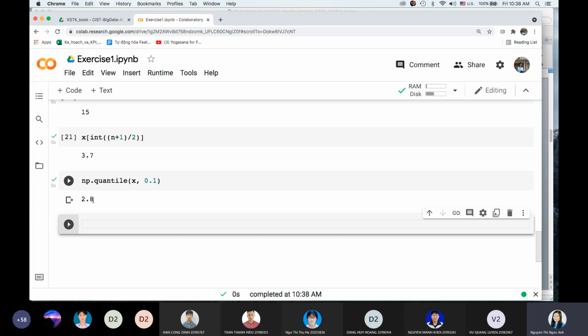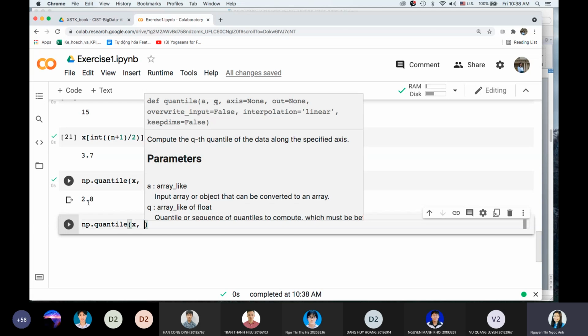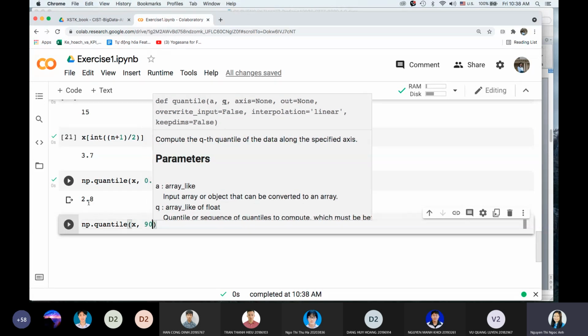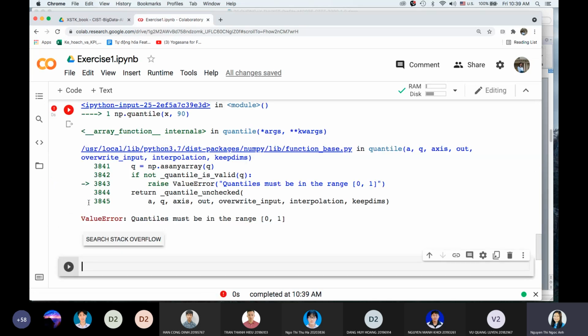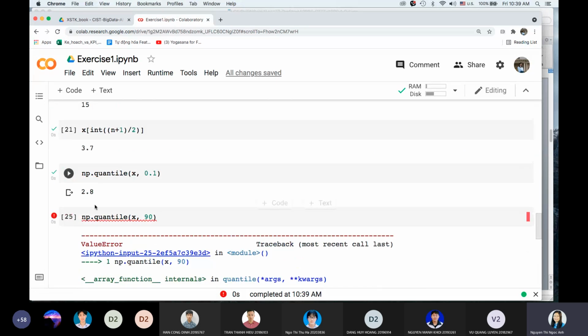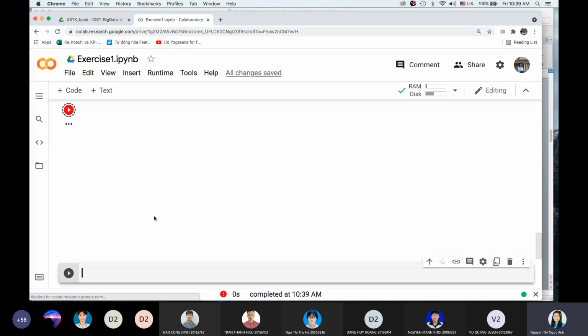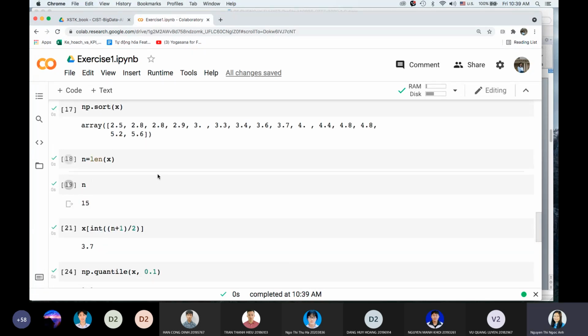I now illustrate what the trimmed 10% smallest is. And now I want to remove the 10% largest. It means that I have to find the quantile of x at 90%, which is 0.9.